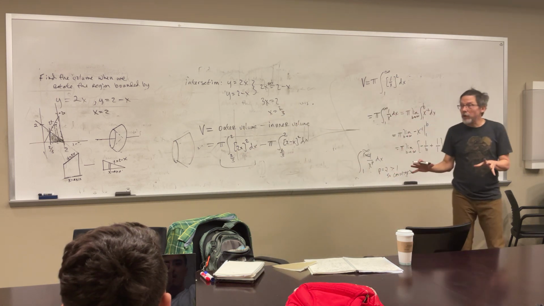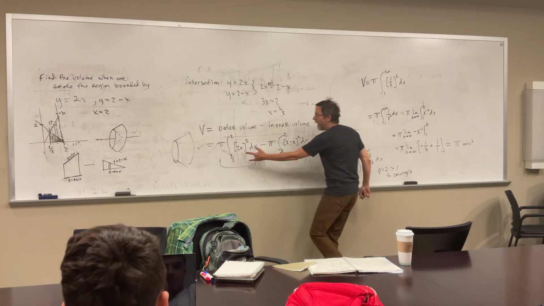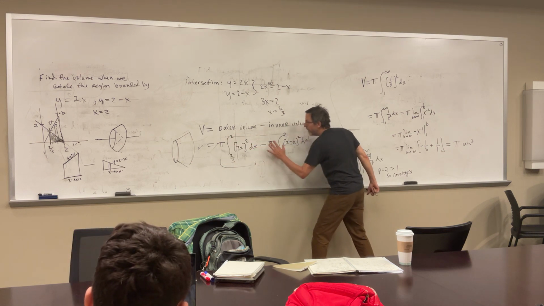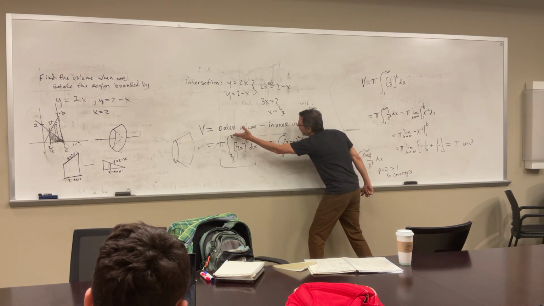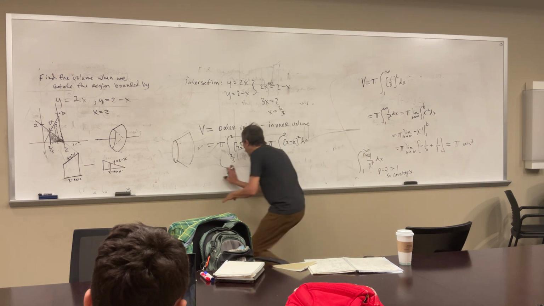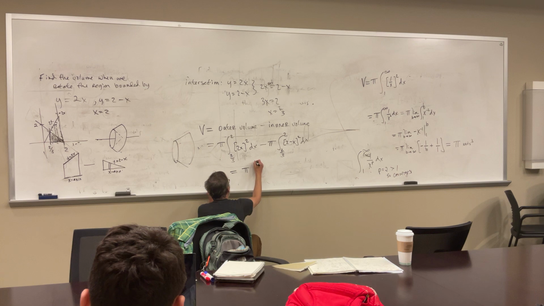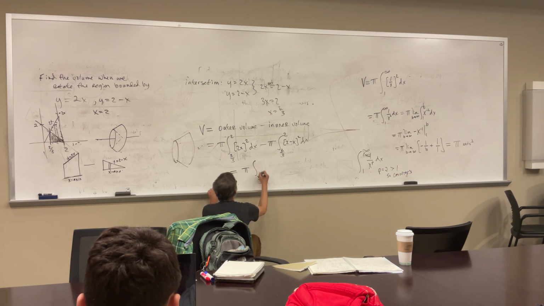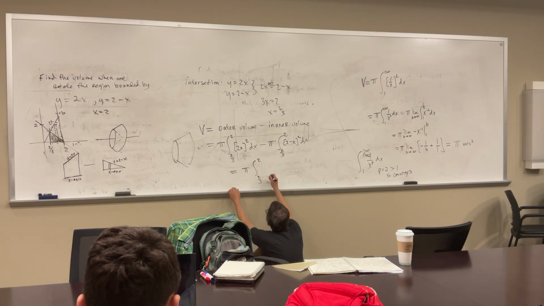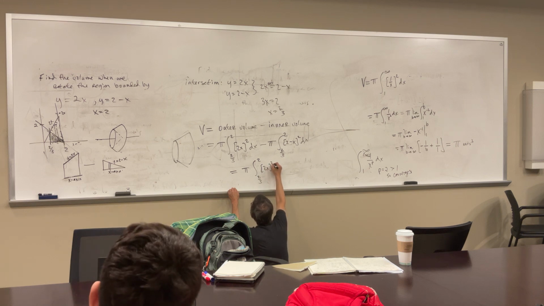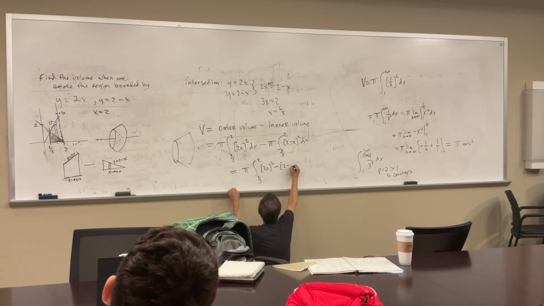I can make this look a little bit better. Notice the bounds on these: there's a pi here, and 2/3 to 2, 2/3 to 2. Let's write the whole thing together as pi integral from 2/3 to 2 of outer radius squared minus inner radius squared.